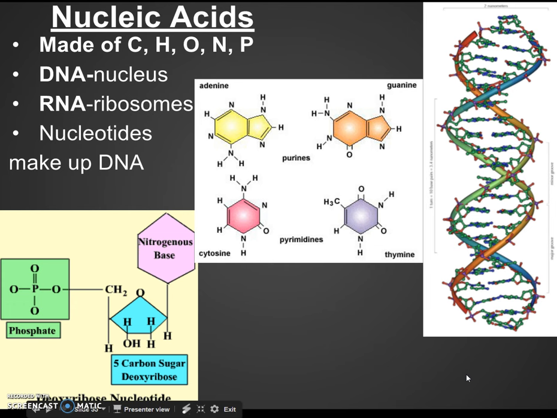So let's review. We have carbohydrates. Those were monosaccharides, disaccharides, polysaccharides. They all were made of glucose and other monosaccharides like glucose. And they were all made of carbon, hydrogen, and oxygen. Then we have lipids, made of also carbon, hydrogen, and oxygen, but in a different way. Lipids were larger, and they were amphipathic, polar and nonpolar. Examples of lipids were phospholipids, triglycerides, steroids, pigments, and waxes.